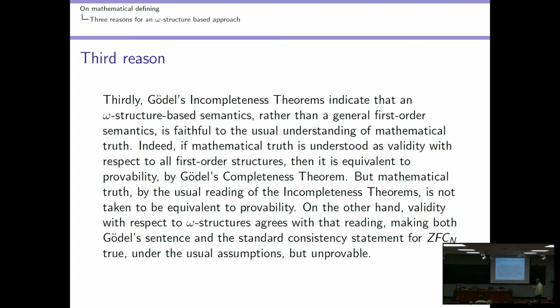All logical truths are provable by Gödel's completeness theorem. But that's not the usual reading of the incompleteness theorem. Mathematical truth is not usually taken to be equivalent to recursive provability. On the other hand, validity with respect to omega structures agrees with that reading, making both, for example, Gödel's sentence and the standard consistency statement true, right? Under the usual assumptions, but unprovable.